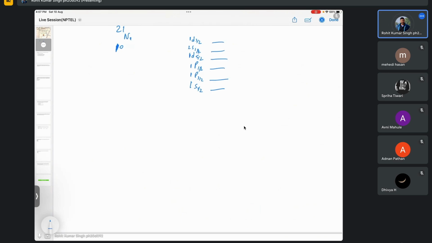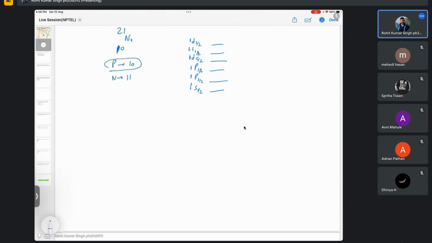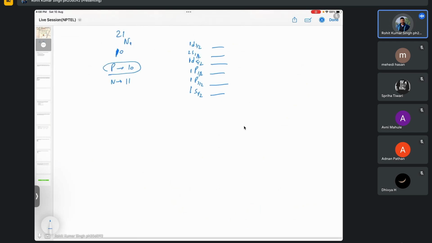As we have the number of protons 10 and the number of neutrons 11, the protons are inert, so the proton will not dictate anything for this nucleus. The number of neutrons is 11, so one of the neutrons is unpaired. That will dictate the spin and parity of this nucleus.